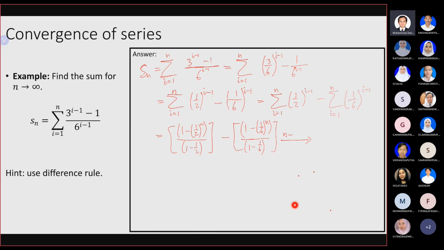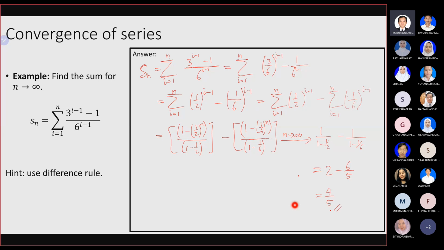So as n goes to infinity, you have that this guy is going to 1 over 1 minus half, and then minus 1 over 1 minus 1/6, which is equal to 2 minus 6 over 5, which is equal to 4 over 5 ya.